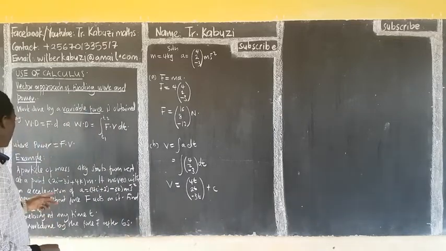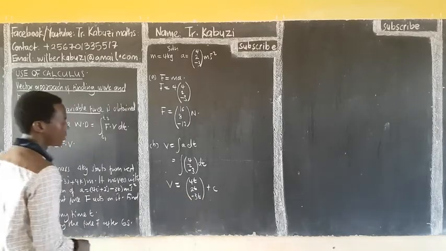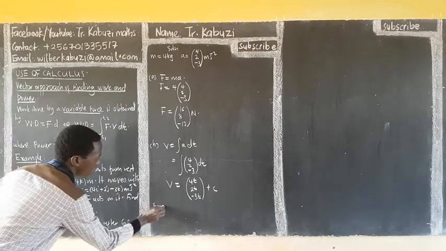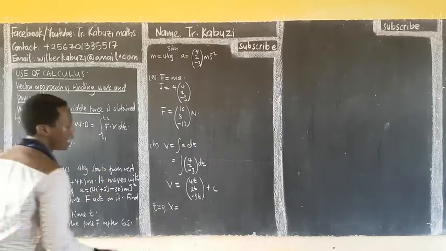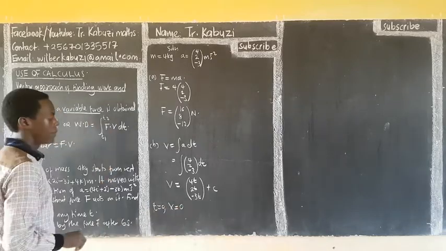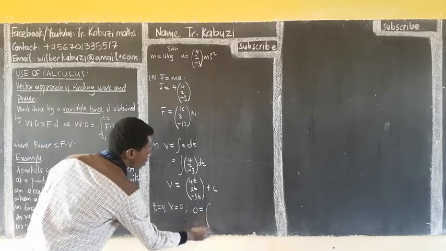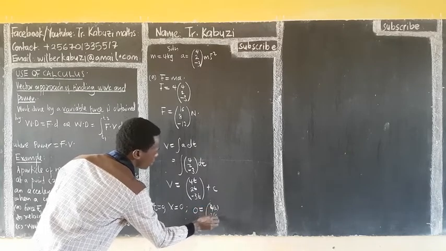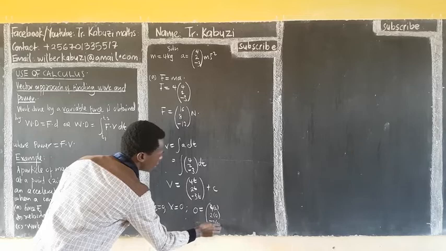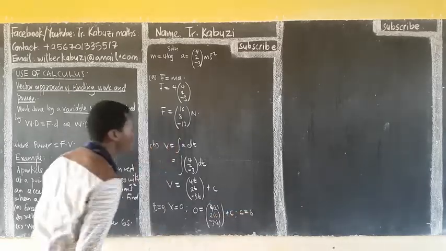Now, from rest, we need to get the value of this constant. When t is 0, this body is from rest, so the velocity is going to be 0. So we put in 0 equals 4 into 0, 2 into 0, negative 3 into 0, plus c, implying that our c is 0.